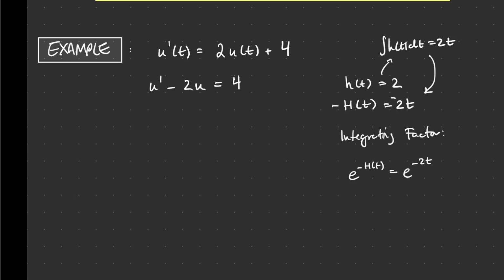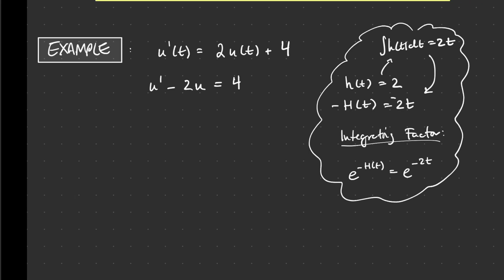All right, so this is kind of our side work to identify that integrating factor, and now we can multiply both sides by e to the minus 2t, which gives 4e to the minus 2t on the right. Then our next step was to write the left-hand side as the derivative of that mysterious function multiplied by the integrating factor.